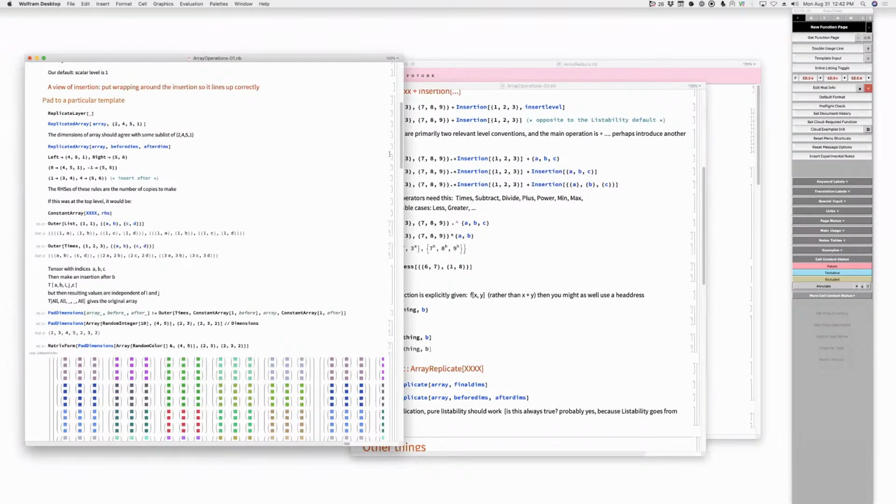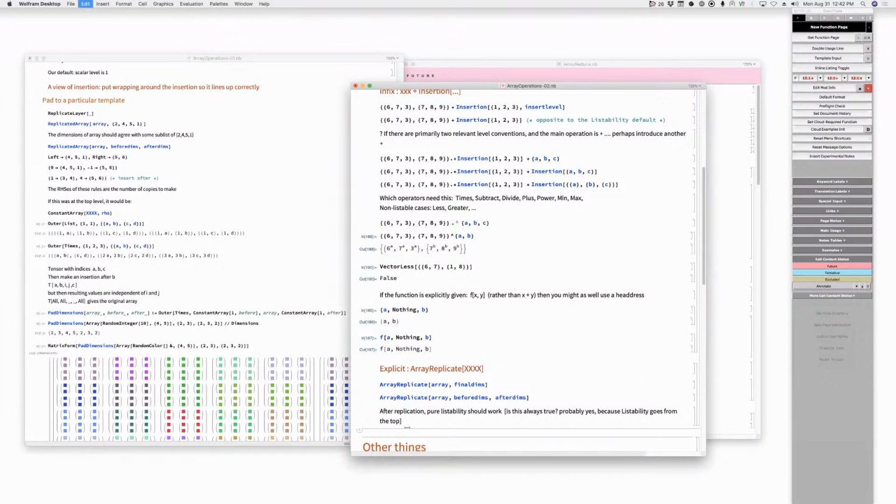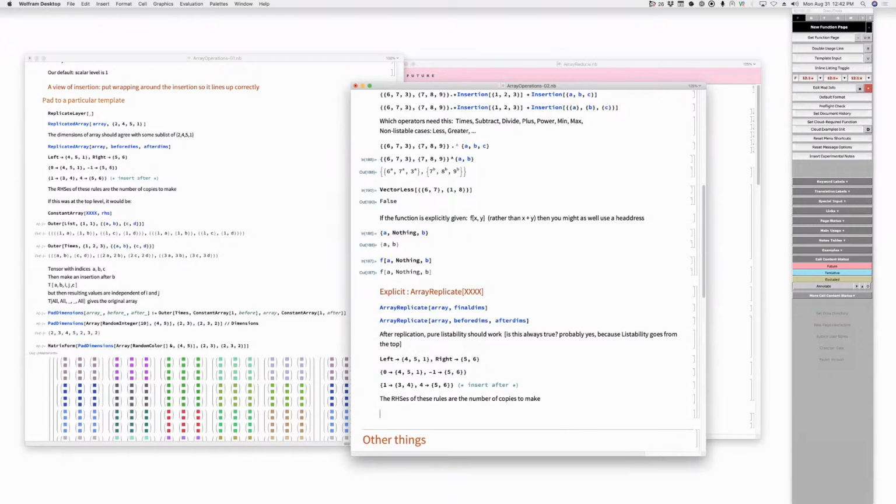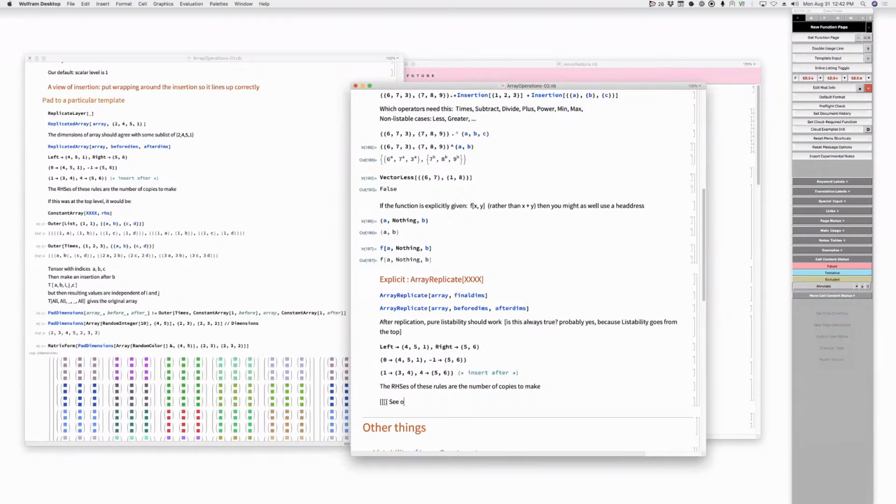So this is left, right, insert after, and so on. Okay, so I think we've got array replicate ready to do a trial implementation.